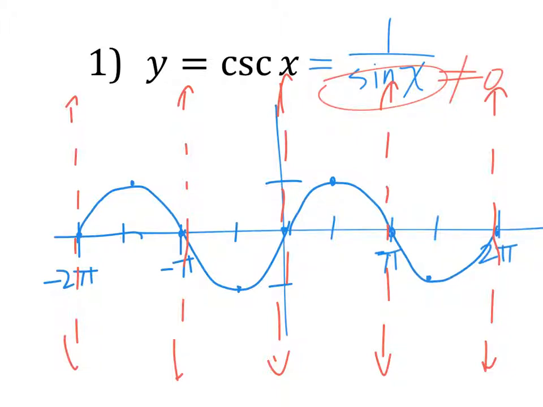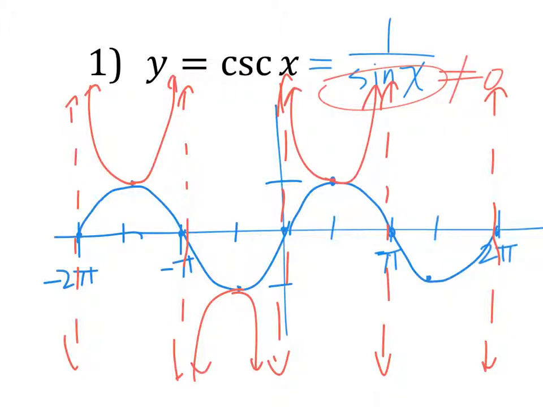Okay, the last part is actually the easy part. What you're going to do is draw some u's. The u's go on top of the sine graph and on the bottom of the sine graph. So basically, it's going to connect to the maximum and the minimum of these sine graphs. Okay, so it's going to look like that, look like this, and look like this.